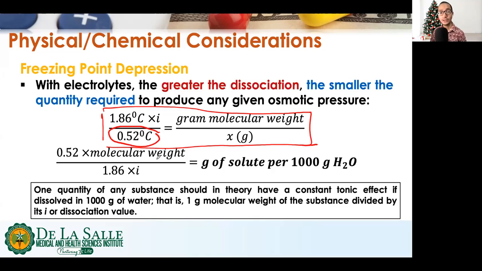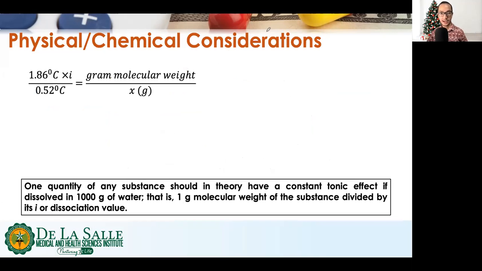That is 1 gram molecular weight of the substance divided by its dissociation value. Another thing that is important here is a formula which I forgot to mention to you last time, which you will also tackle later on in your physical pharmacy.